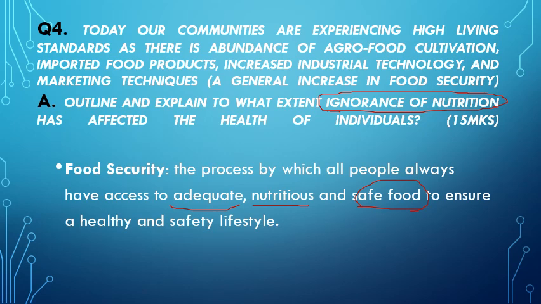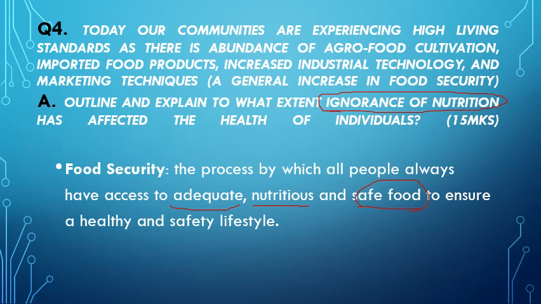So this question, they're trying to tell us that what? How does the society's ignorance about nutrition, how does an individual's ignorance about nutrition affect his health? The food is there, there is access to the food, but because he is ignorant about nutrition, he does not know which one to eat, how much to eat, where to eat, and so on and so forth.